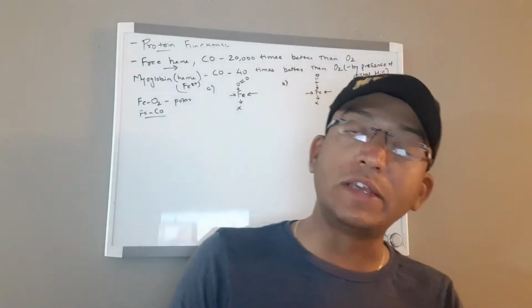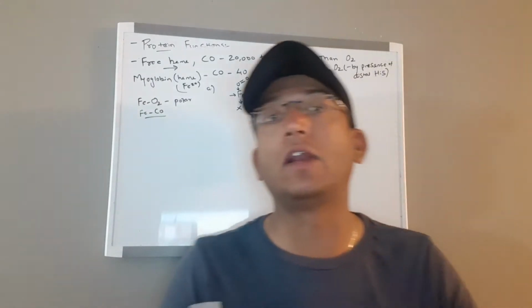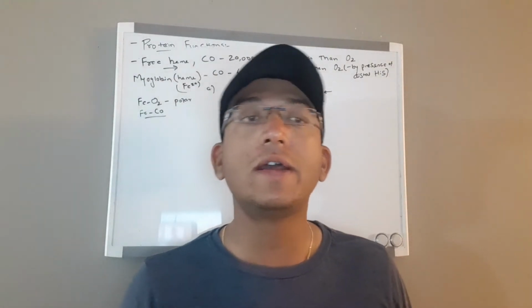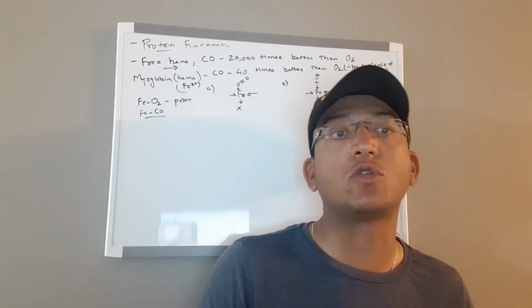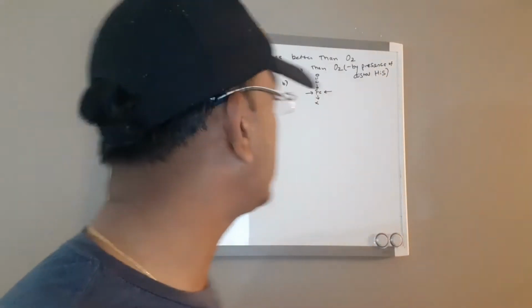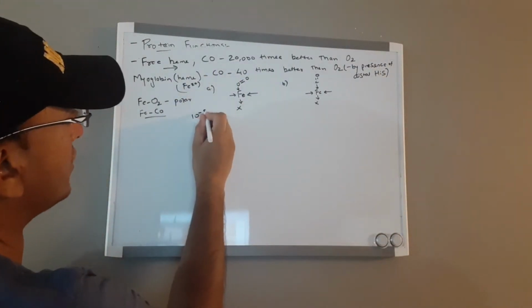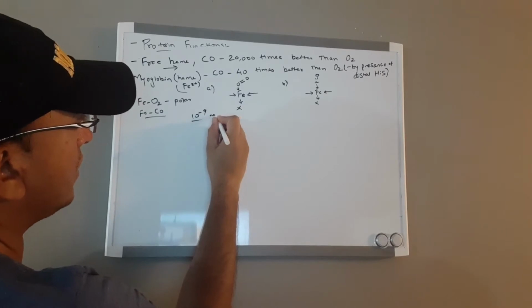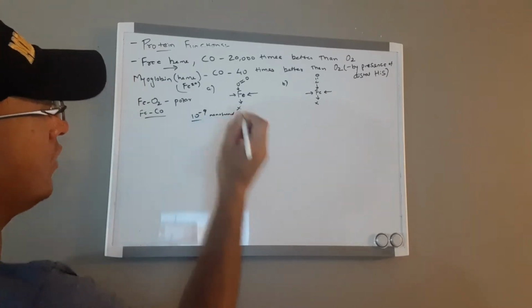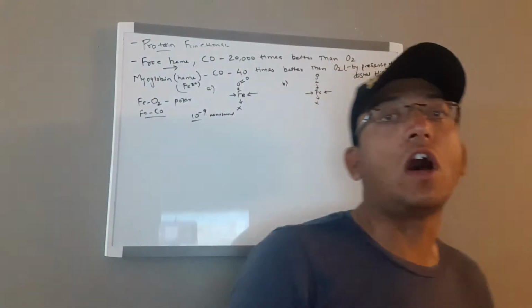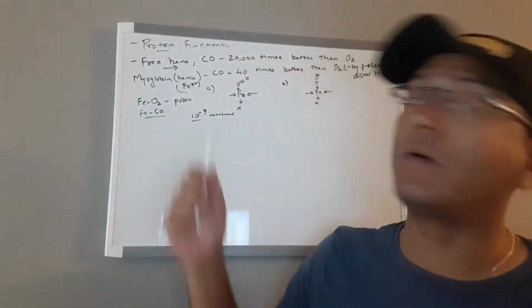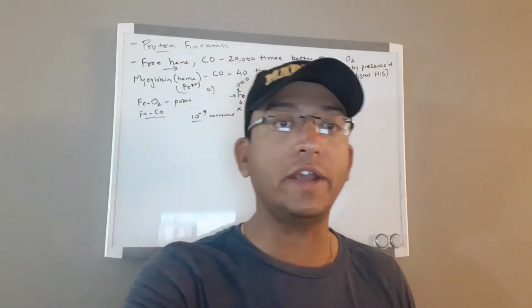The rotation of this histidine residue to open and close the pocket occurs on an almost 10 to the minus 9 nanosecond time scale. So this is how fast it opens and closes the gate, right?